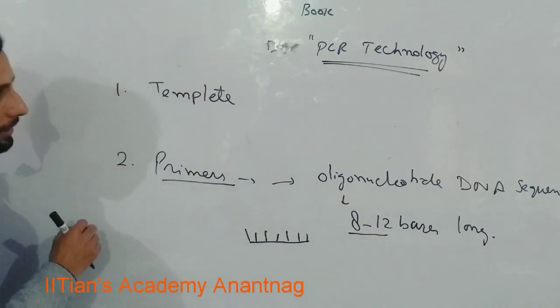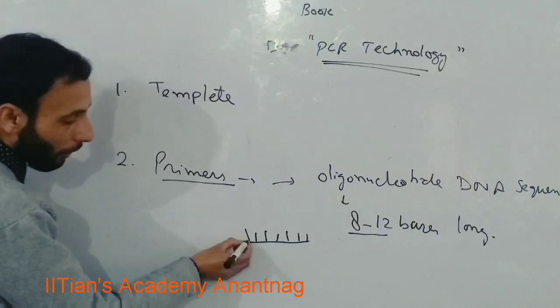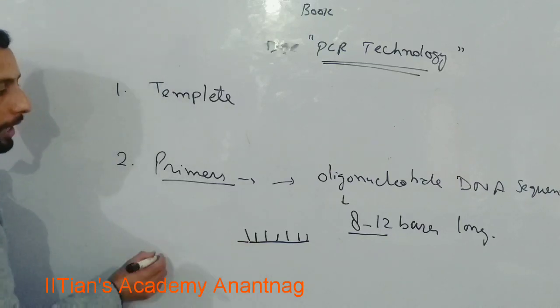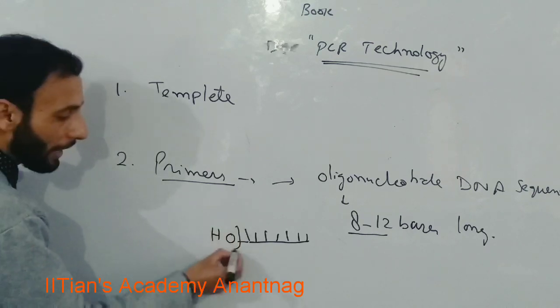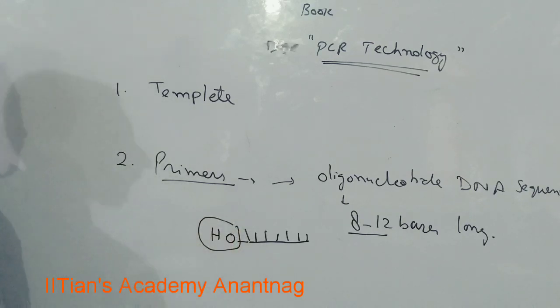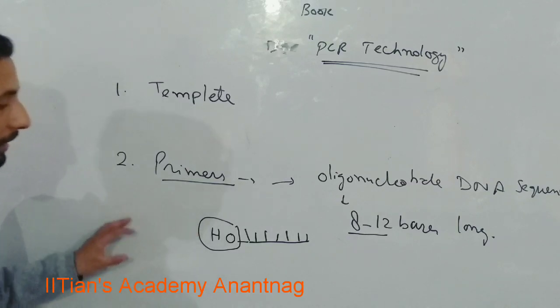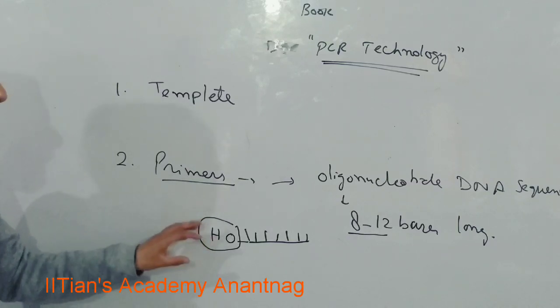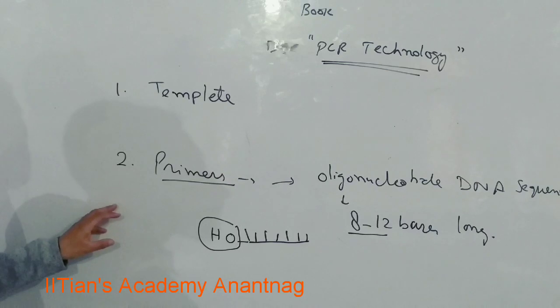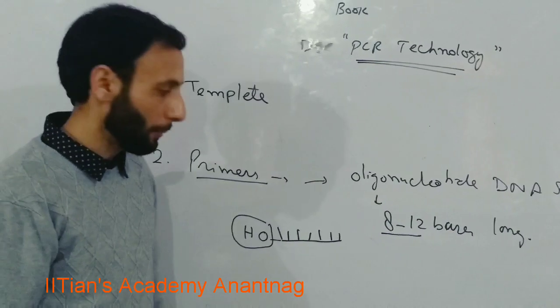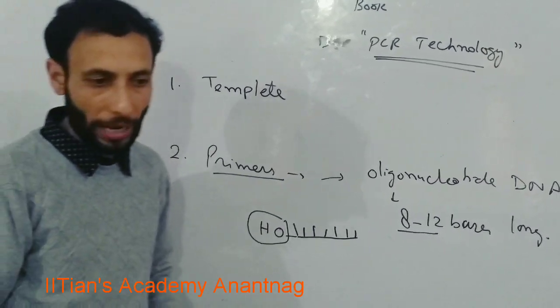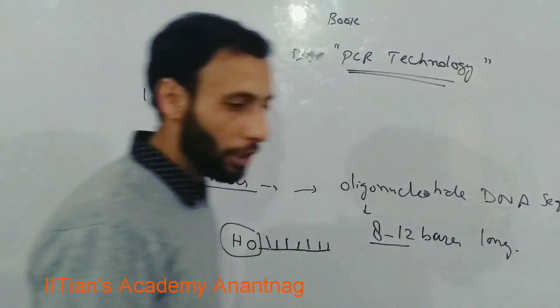What primers do is provide free hydroxyl groups, and those free hydroxyl groups are the sites from which the DNA polymerase will add new nucleotides according to the sequence present in the template DNA strand. This was the second requirement of our polymerase chain reaction.